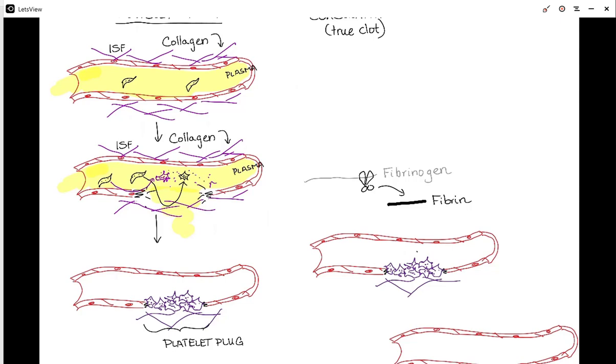Now, we're going to see this theme a couple times here. Notice fibrin and fibrinogen look very similar. The suffix gen means to generate, to create. Fibrinogen is the precursor to fibrin. When it's activated, it generates fibrin. So fibrinogen generates fibrin.